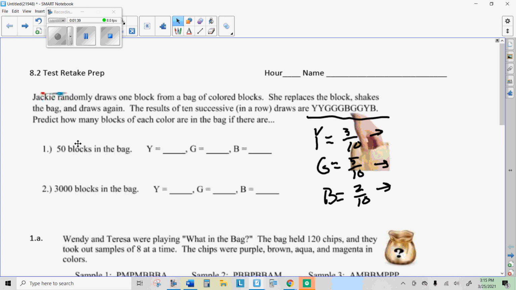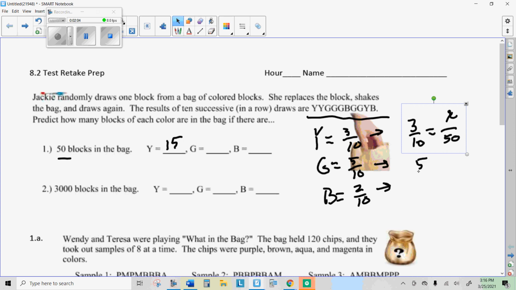So based on our sample, if there are 50 blocks in the bag, for the number of yellow, what we would do is just scale this up: instead of out of 10, we want to figure out how many out of 50. Solve this proportion: 3 times 50 divided by 10, which is 15. And we do that for green.